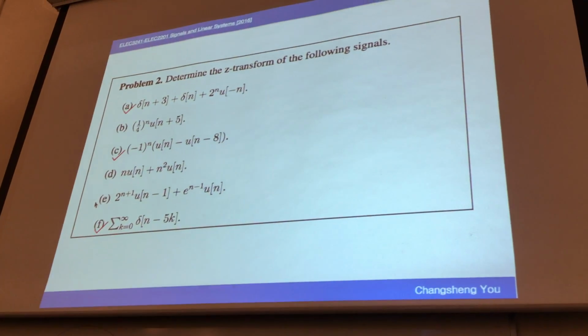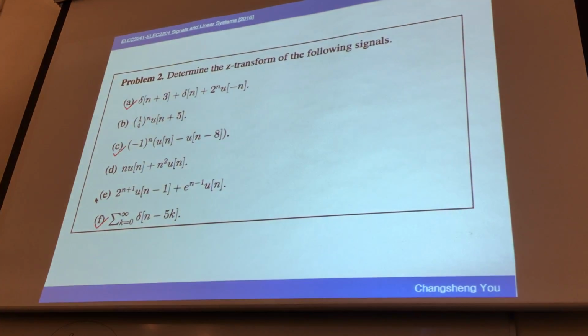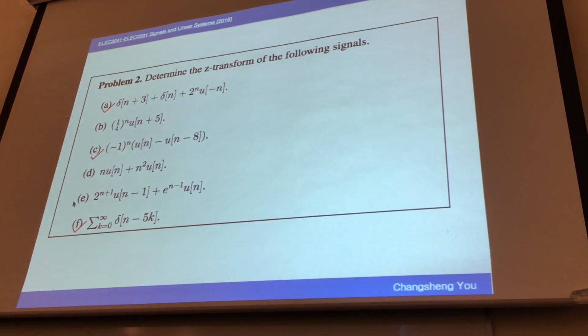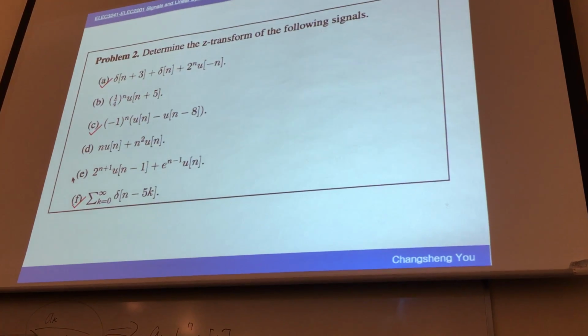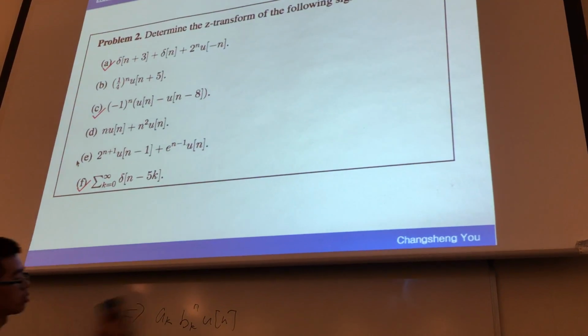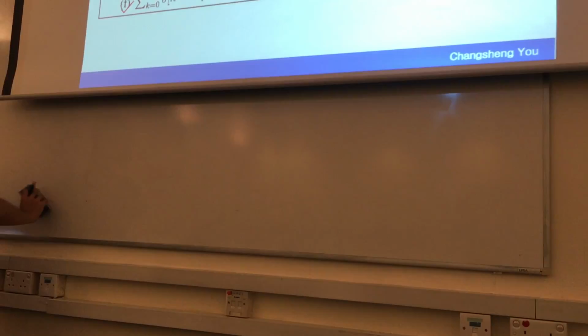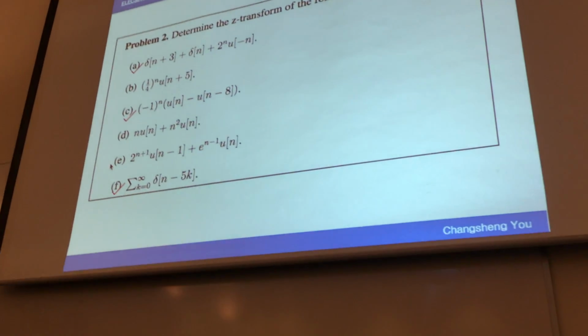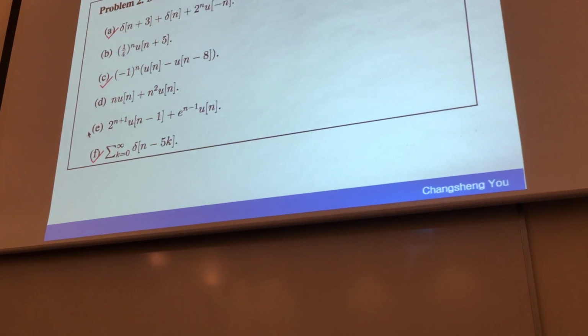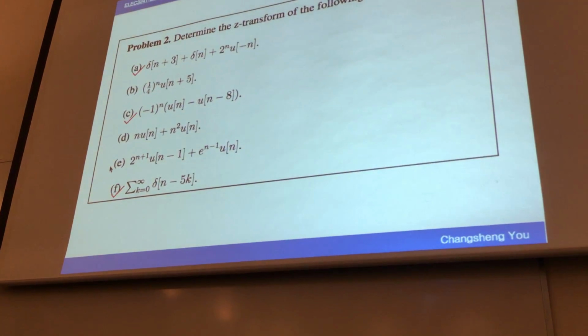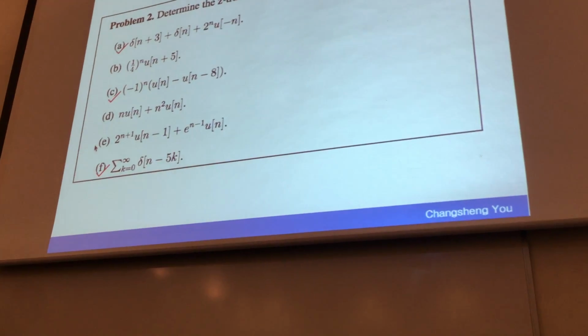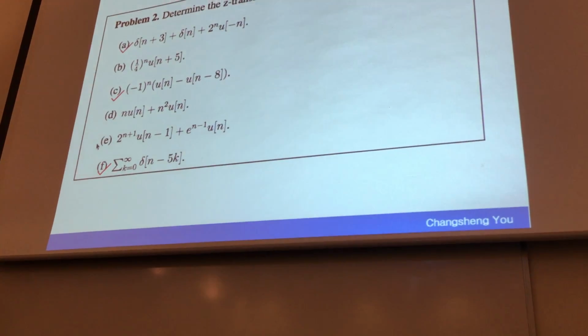So now, several questions. First one is we calculate the unilateral Z transform. So the lower bound is from 0.